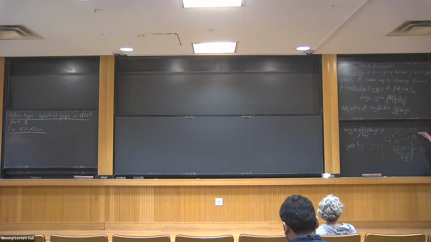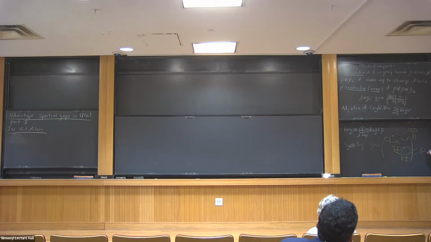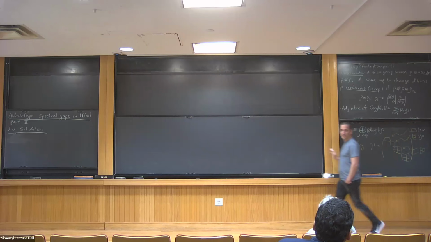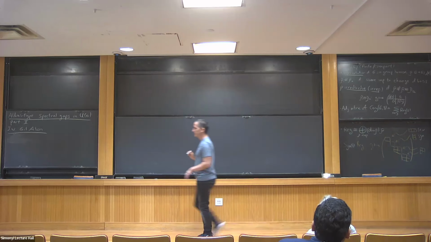We have 3 representations for the symmetric group, which can be named by Young diagrams with 3 boxes. This is the trivial one, this is the sign, and this is a 2-dimensional one. The trivial representation appears once, the sign appears once, and the 2-dimensional one appears twice. Any questions?